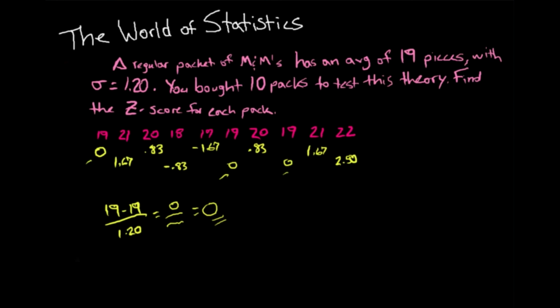We can see a 1.67 here, a negative 1.67, some 0.83s, and over here a 2.5, so this one's 2.5 standard deviations above the average. We weren't asked to do anything more than calculate the z-scores, so these are the z-scores for each individual pack of M&Ms.